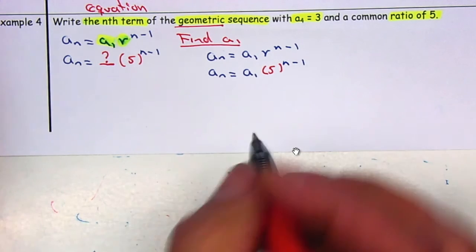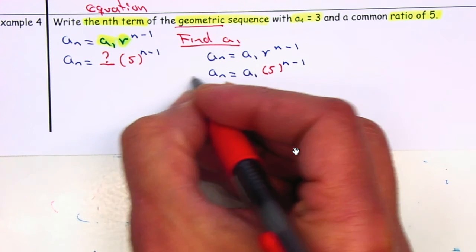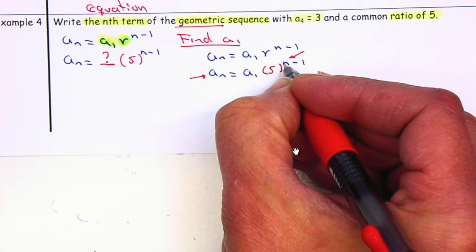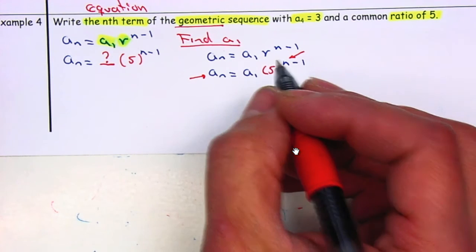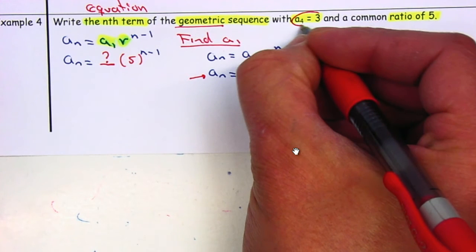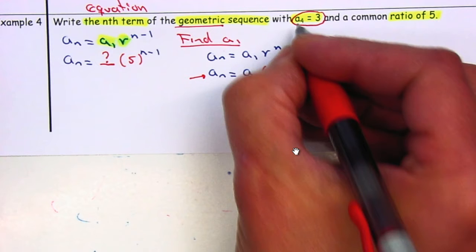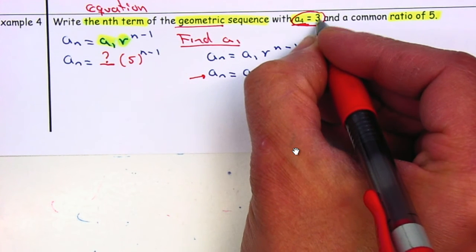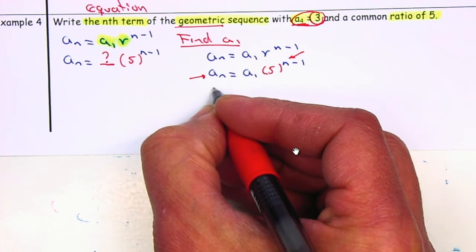I need to find what a sub 1 is. So I need to be able to leave this variable by itself. I need to be able to plug in something for the a sub n and the n, so I'm able to solve for a sub 1. So I can have one variable left. The only other information that they give me is that a sub 4 is equal to 3. A sub 4 is the fourth term. So I'm applying the term under the a sub n, so that'll be 3.